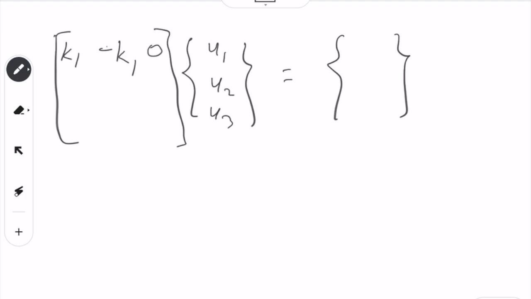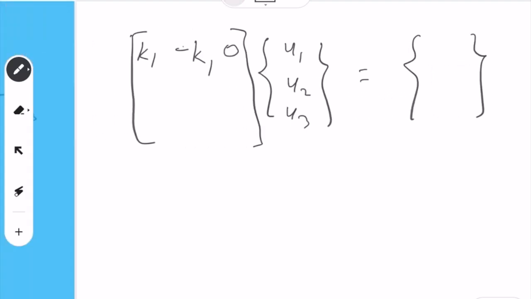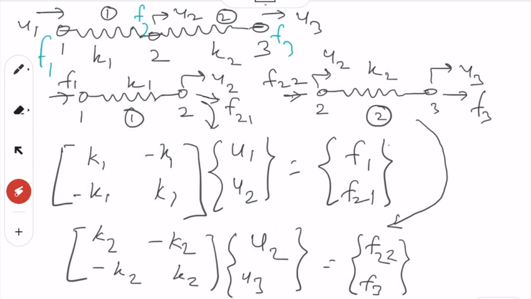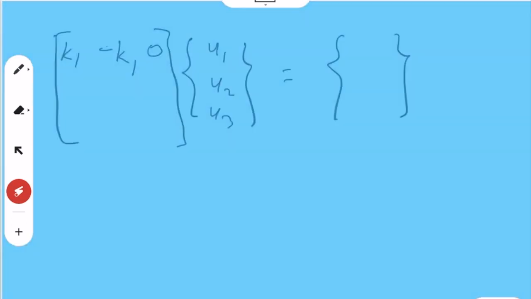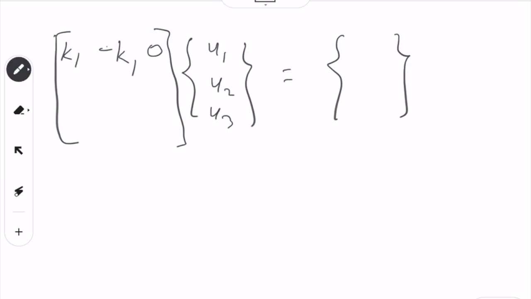And here we have F1, so accordingly we will write F1 here. So the first row is complete. Similarly, we will complete the last row because that is convenient.